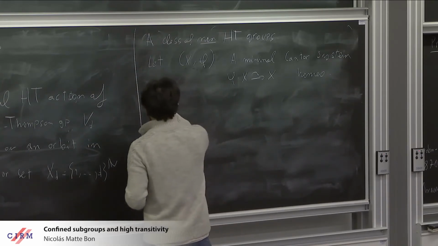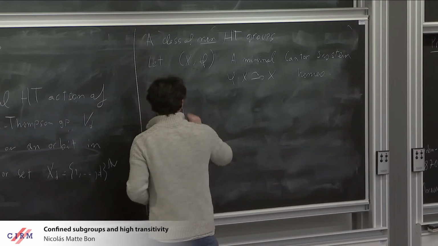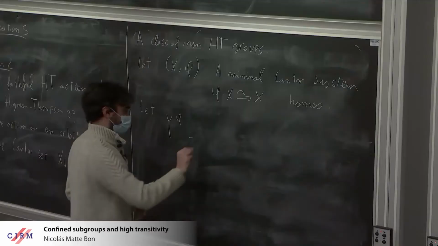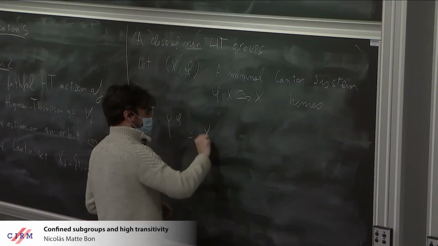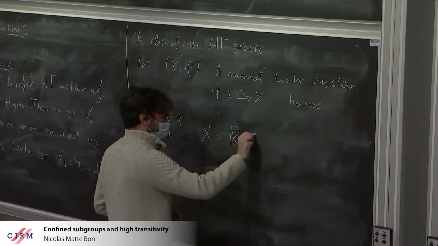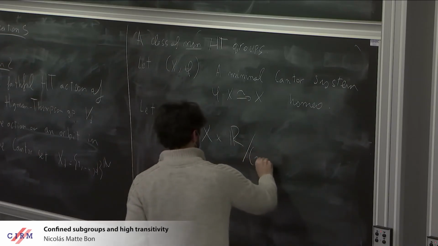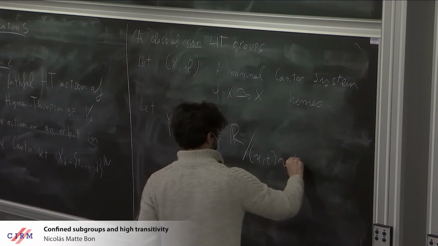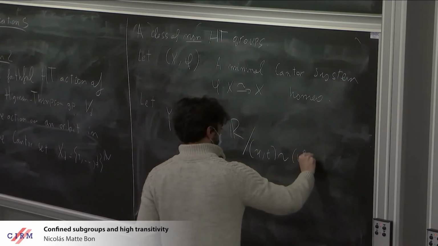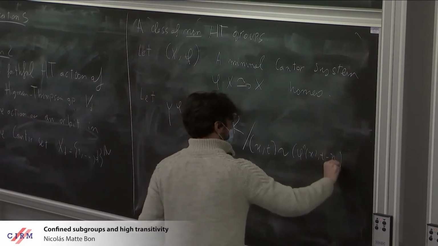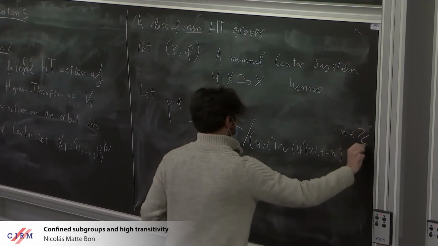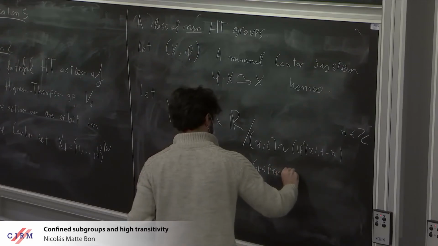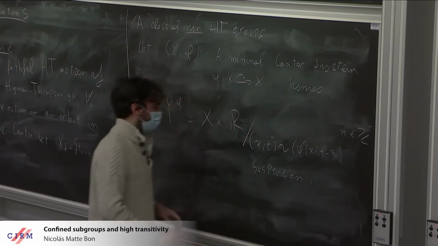So for this, let me define Y_phi to be the suspension of the system. So the quotient of X times R, where I identify the suspension. Okay.